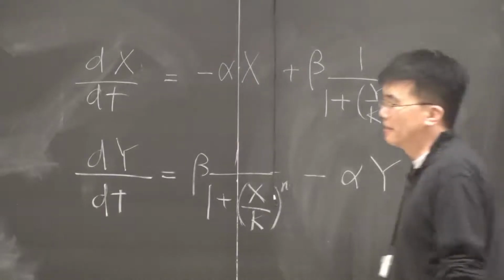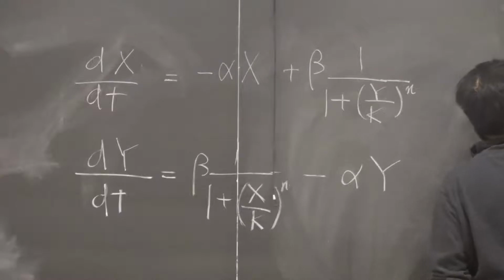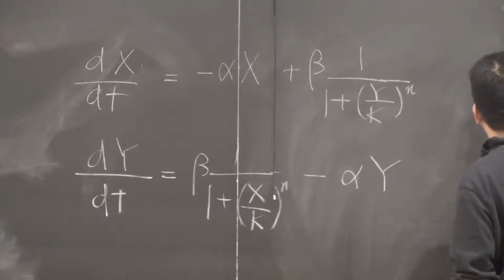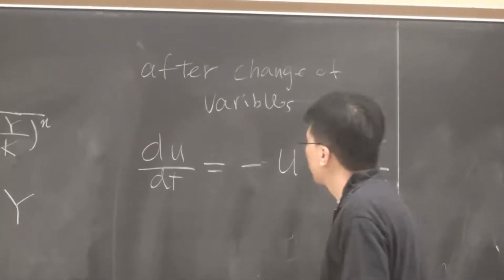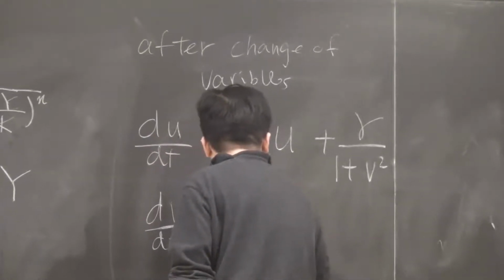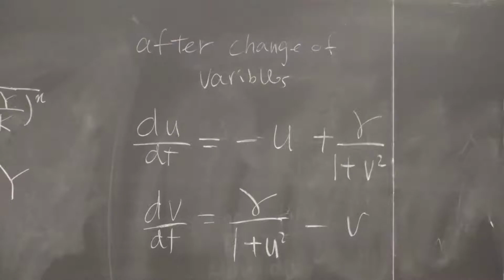And I can simplify it further. I have to change the variables, and it becomes, that's gamma here.